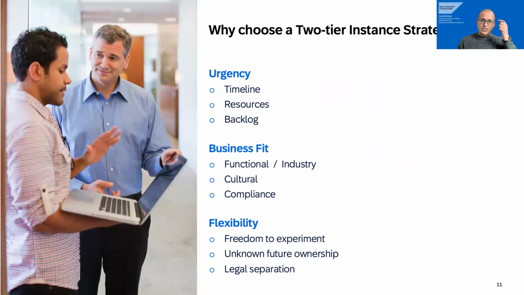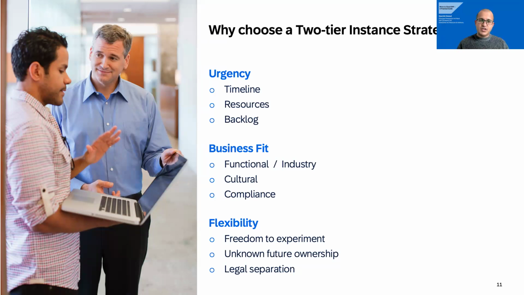Right? So why choose a two-tier instance strategy? There are different kinds of reasons, and they can be classified into 3 large buckets: urgency, business fit, and flexibility. For example, if an acquisition is happening, there is not enough time, when you transition out of a service agreement when you sign the acquisition, to completely integrate the acquired company into your business.